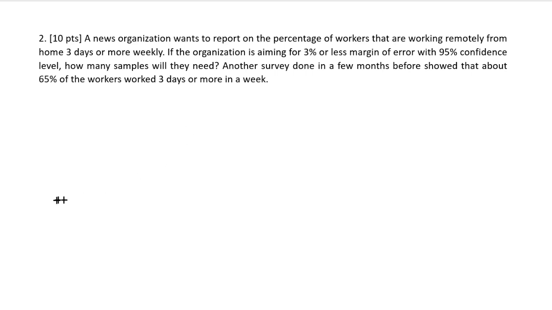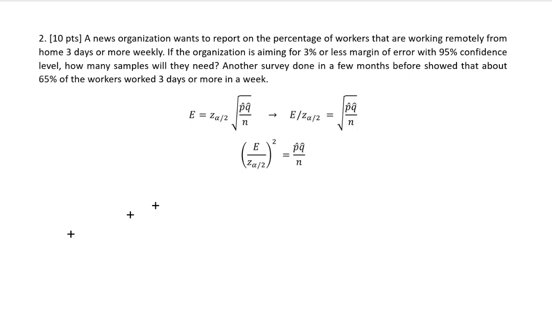So for this, let's go back to the formula for the margin of error, which is this one. And because we're looking for the value of n, that's the sample size, we want to take this and solve for n. So if I solve for n, first divide by z alpha over 2, and then square both sides to get rid of the square root. And then you can flip the left side and the right side upside down.